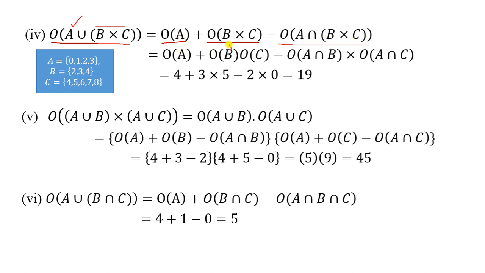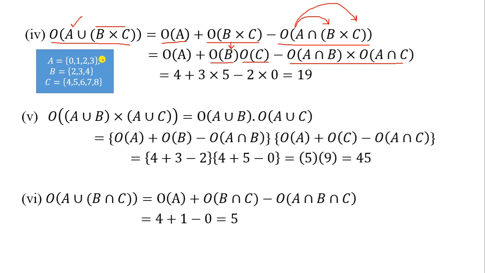Here you will use the product rule again, the product rule means the number of elements in B times the number of elements in C, and here you will use the distributive law: A intersection B times A intersection C.